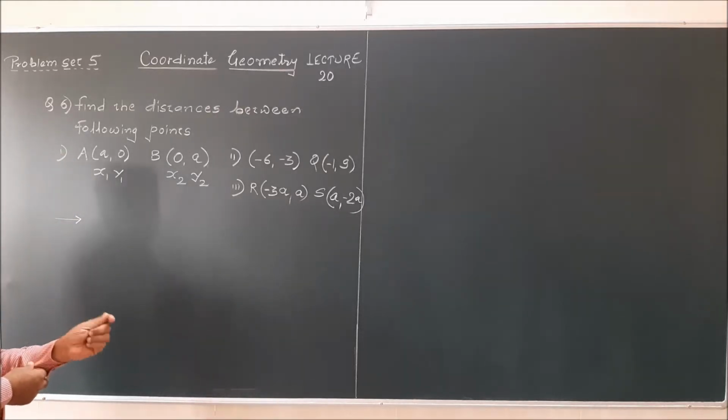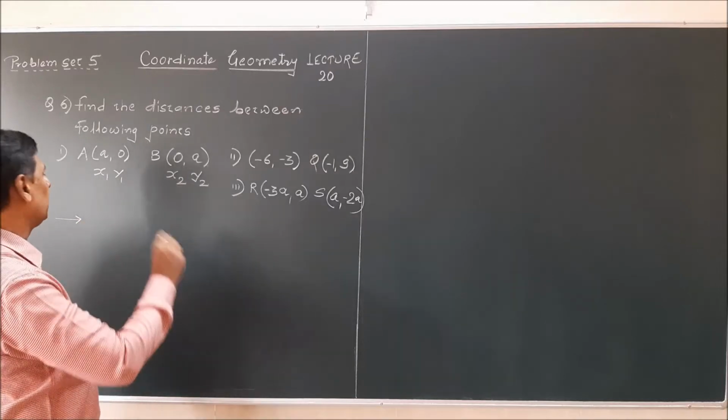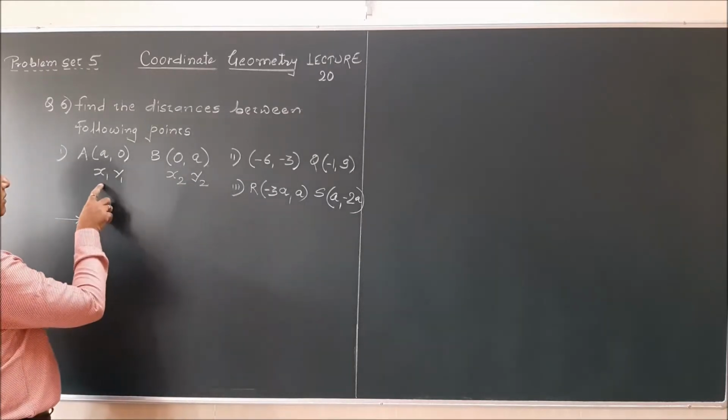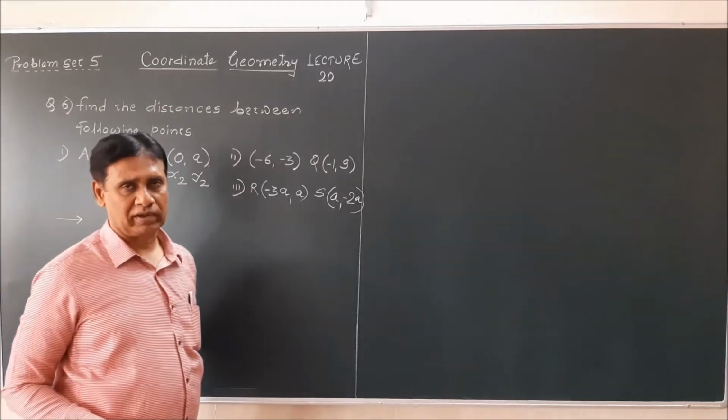Find the distances between the following points, and they have given us points A as (a, 0) and B as (0, a). So I label them as x1, y1 and point B as x2, y2.